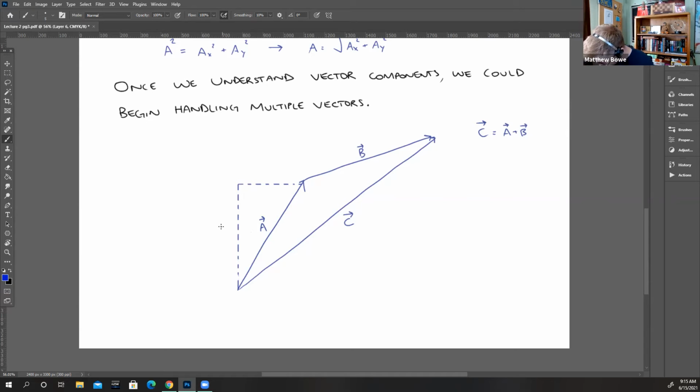So vector A is made of its Y component and its X component. And vector B is also made of its Y component and its X component.